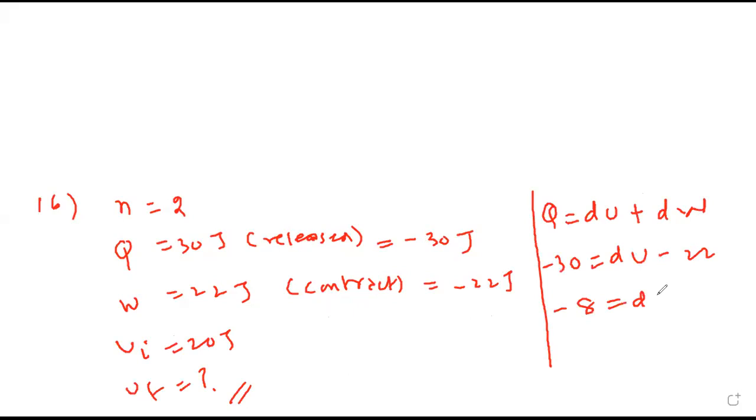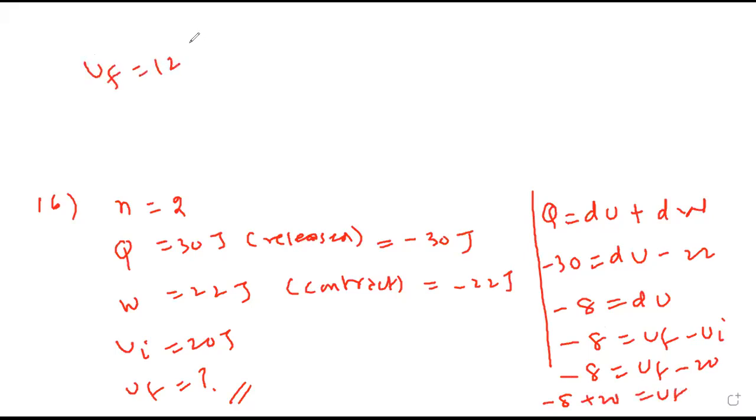Minus 8 equals dU. Minus 8 is final minus initial. So minus 8 will be final minus 20. Minus 8 plus 20 is final. Therefore, final equals 12 joule. This is the answer, 12 joule, option B. Convention, any doubt? No, sir. Okay, then proceed.